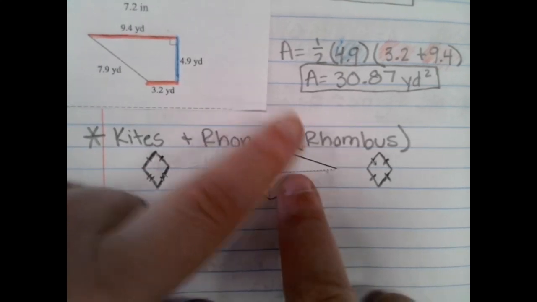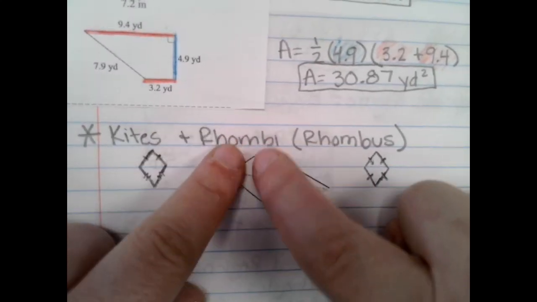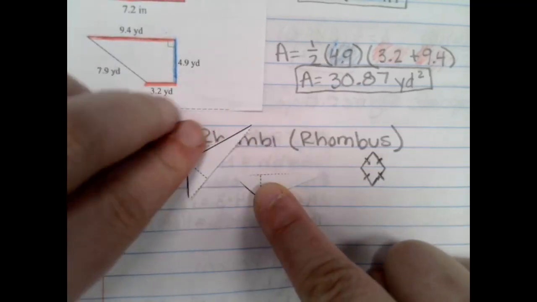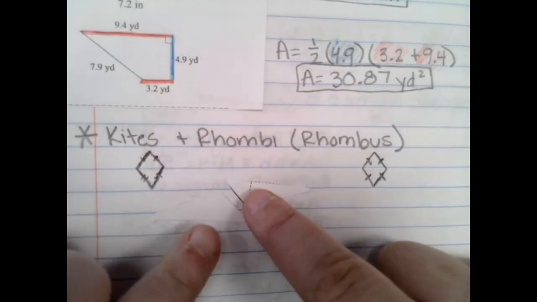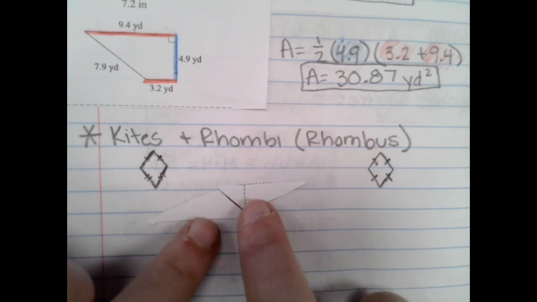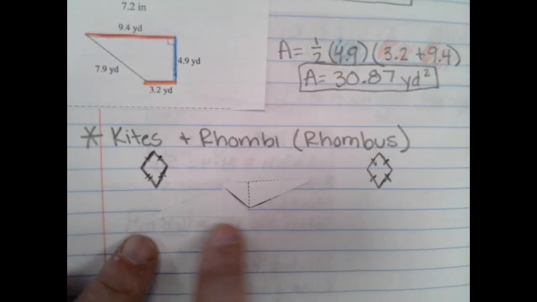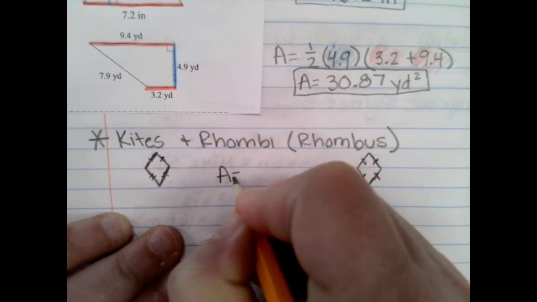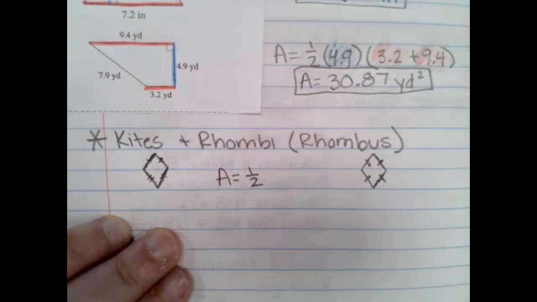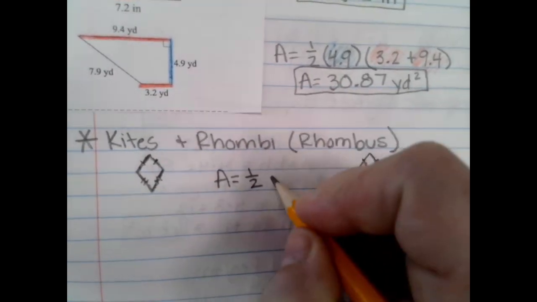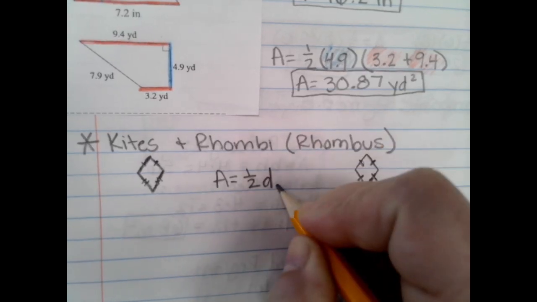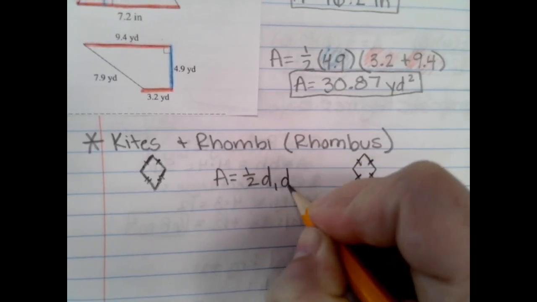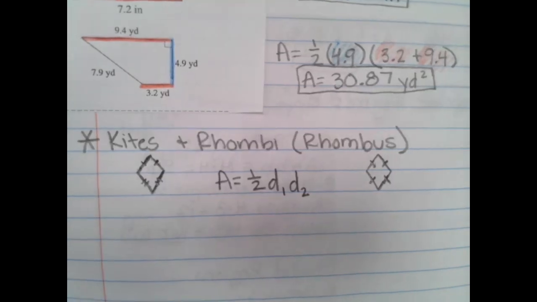Okay, so this is a diagonal, and then we have a diagonal here, but what did we do with that diagonal? Cut it in half. So our formula is 1/2 of that diagonal times the base. So it's A equals 1/2. And again, we have two diagonals, so we use lowercase d's for these, and we use those subscripts, so d1, d2. And they're right next to each other, so we're multiplying.